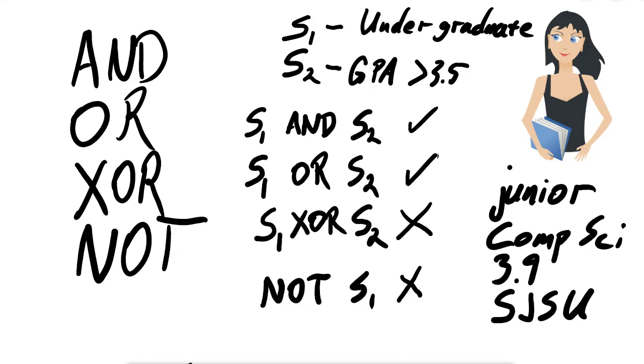And if it's not false, then it's true. Okay, for exclusive OR, it has to be one or the other being true, but not both.